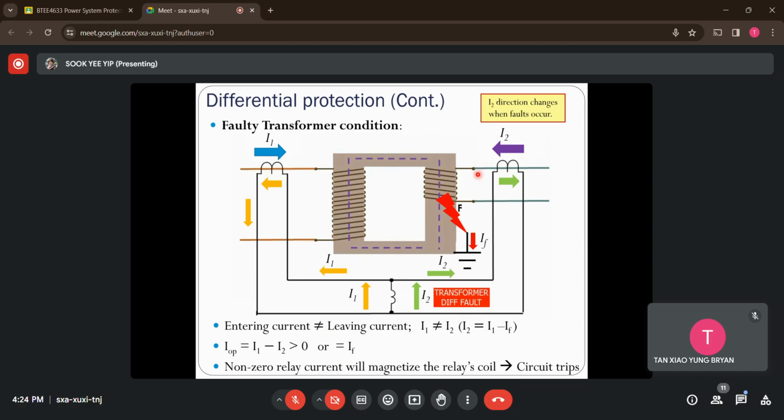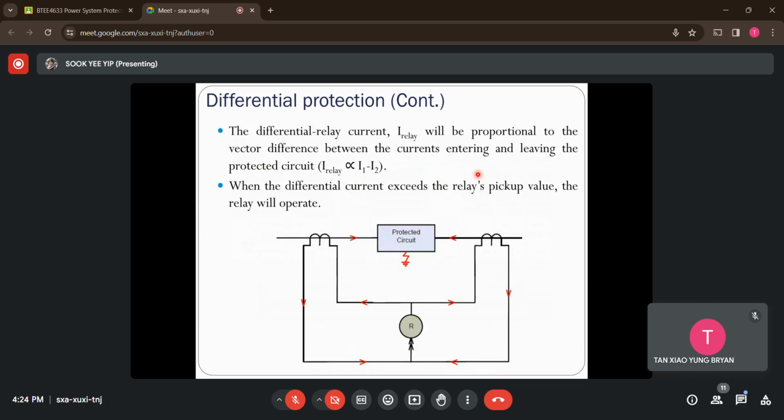So now from the previous two cases, healthy and abnormal case of the transformer, you see how it works. Basically, the differential relay works based on the differential current flowing through its operating coil. How I obtain the differential current here is by measuring the entering current and leaving current and seeing if they are different.